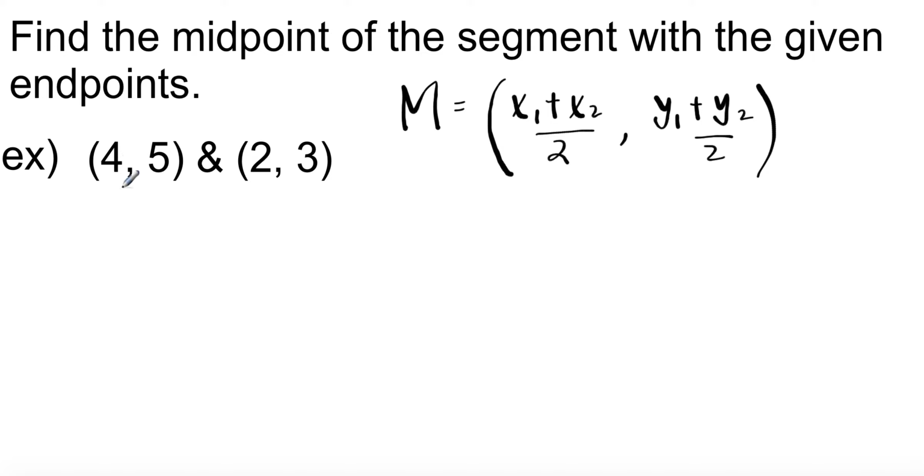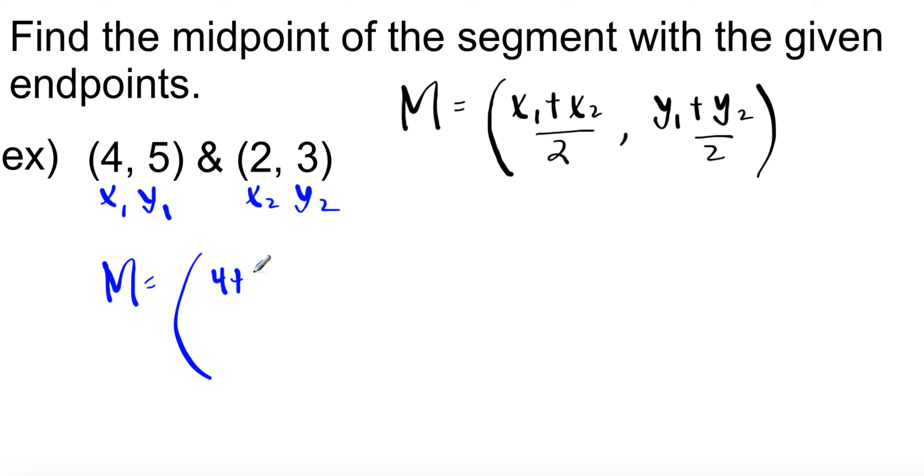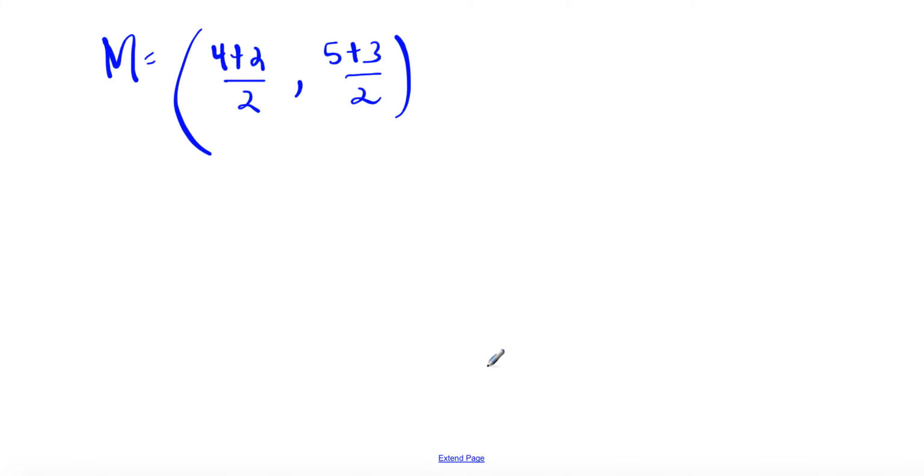You can go ahead and label your points just like I've done on all the other formulas, x1, y1, x2, y2. Capital M, big parenthesis, 4 plus 2 divided by 2, comma, 5 plus 3 divided by 2. And we want to clean that up. 4 plus 2 gives me 6 divided by 2. 5 plus 3 gives me 8 divided by 2.